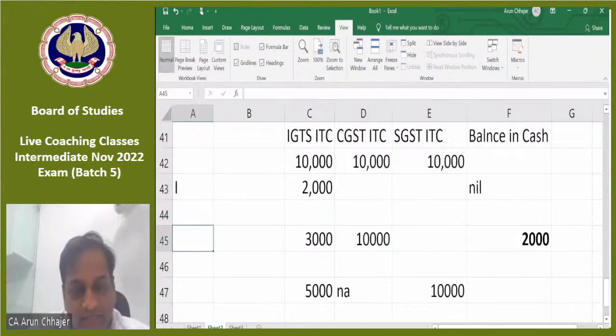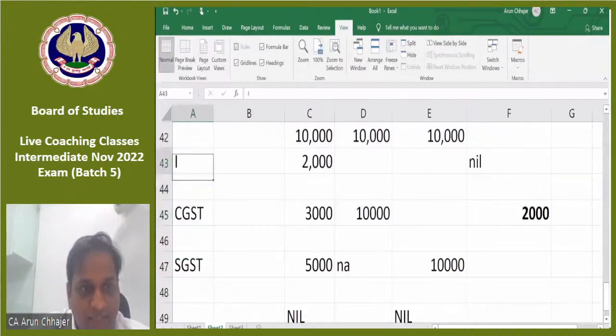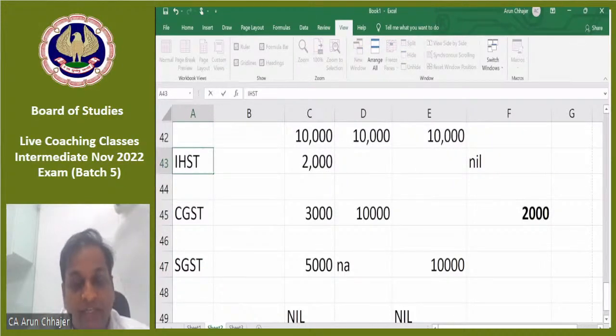Let me read right here. CGST, SGST and IGST. So I just simply need to change the amount.